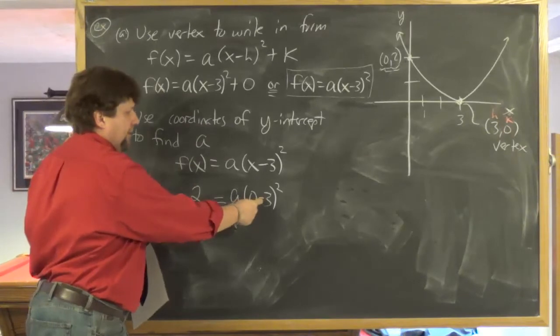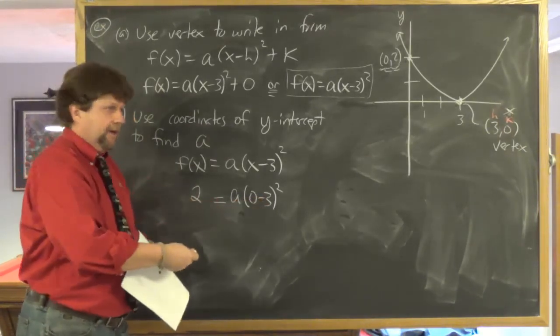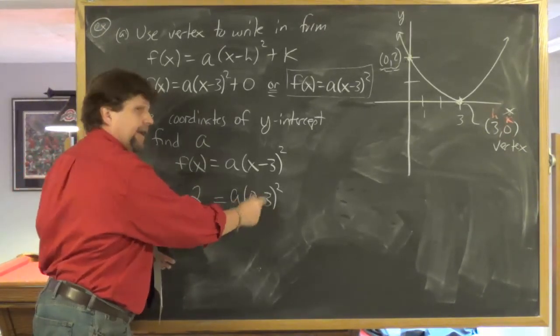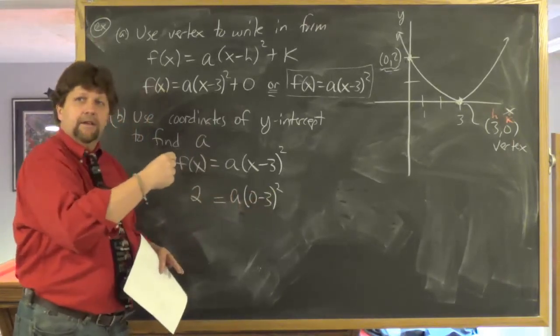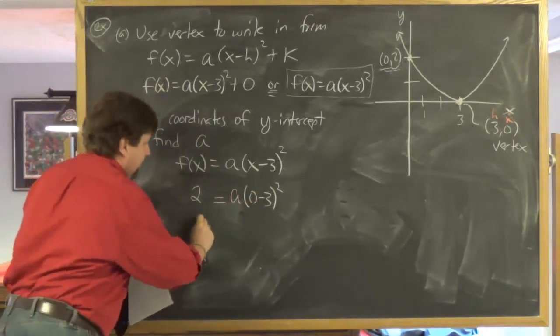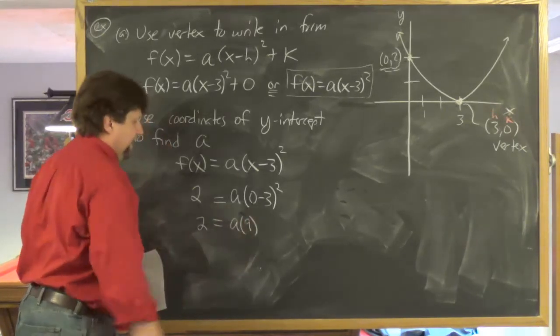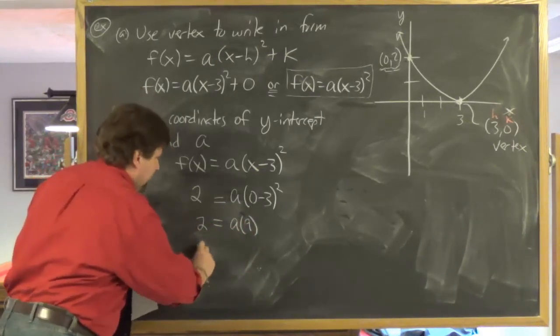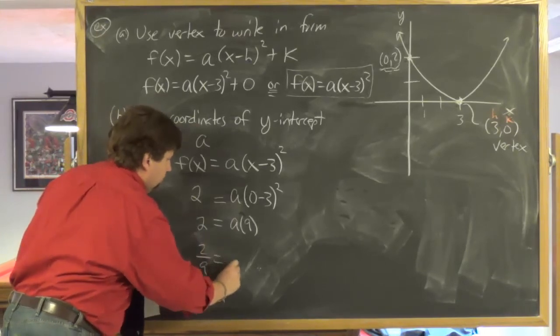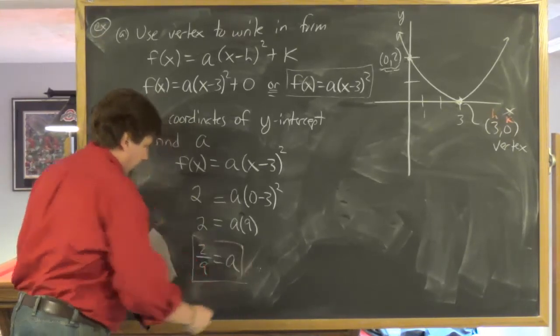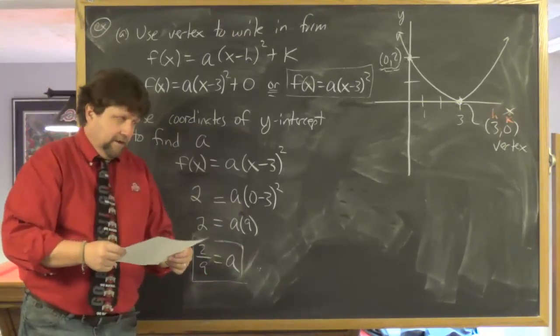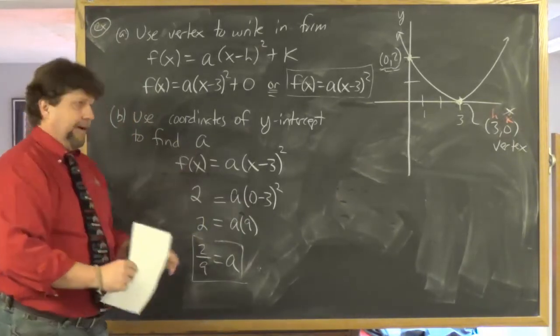We know 0 minus 3 is negative 3. Negative 3 squared is 9. So we have 2 equals a times 9. Divide both sides by 9. You get 2/9 is equal to a. I just found the value of a.